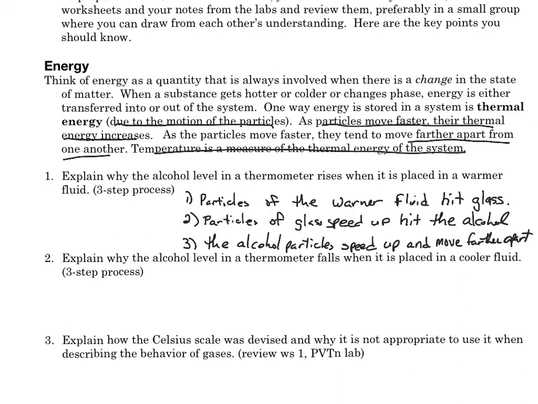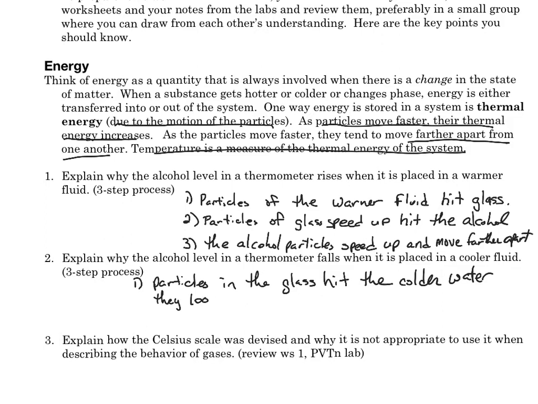It says, explain why the alcohol level in the thermometer falls when it's placed in a cooler fluid. So I'm going to do a 3-step process here. Number one, the particles in the glass hit the colder water. They lose speed. The cold water gains speed.